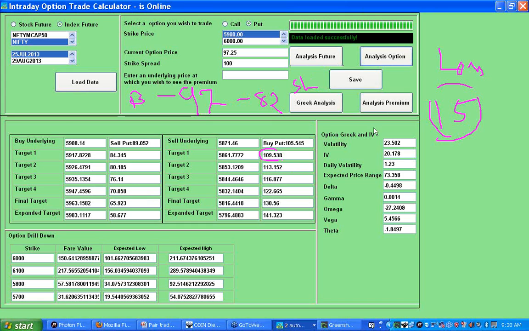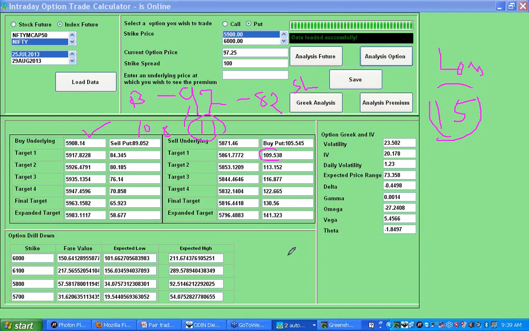With respect to this value, if I am winning from this side, 97 to 108 means 11 points I am going to win. If my trend gives a signal here, then till 108 I am going to win 11 points. If from here it slips, then I am going to lose 15 points.